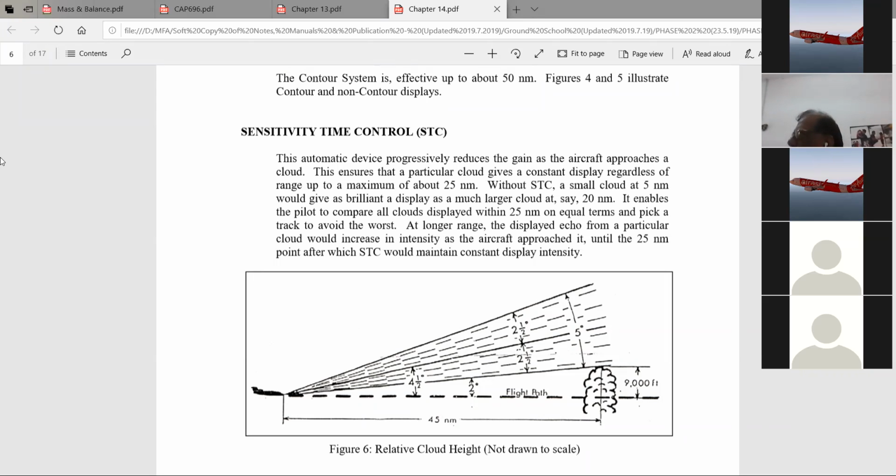It's not difficult at all. Beam tilt 0, beam width 4.